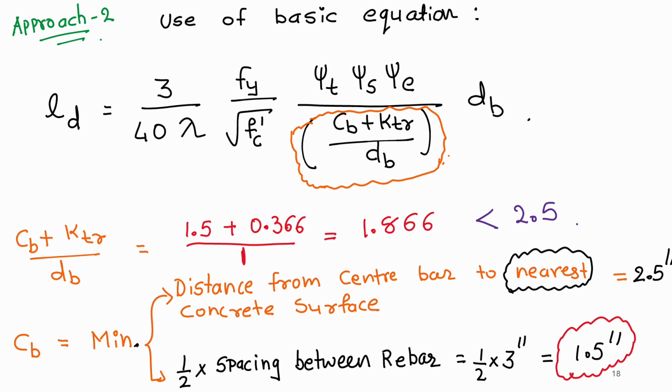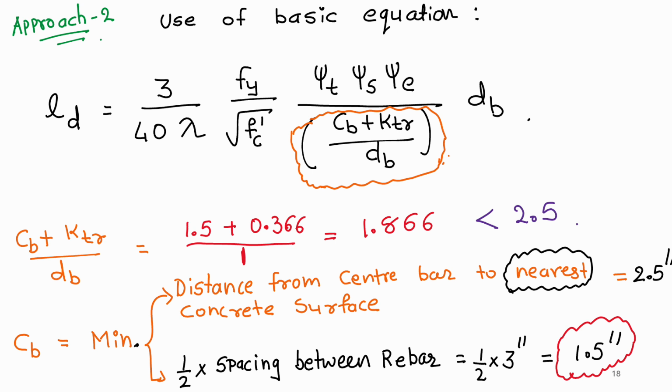And we said here that we will have a term cb plus Ktr over db. And in this case, we have 1.5 plus 0.366 over 1, which will give me 1.866. That is less than 2.5.